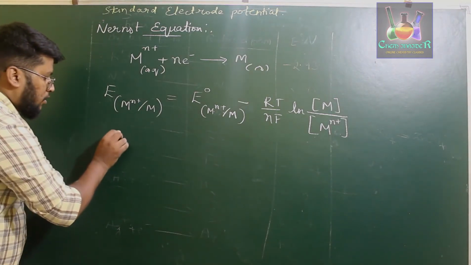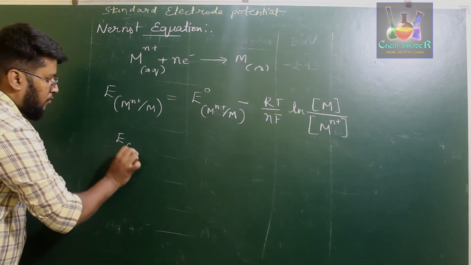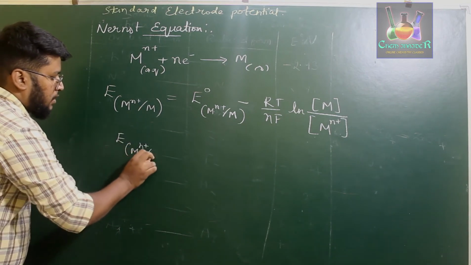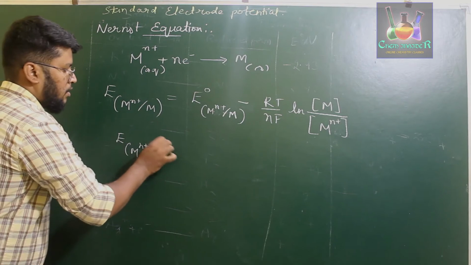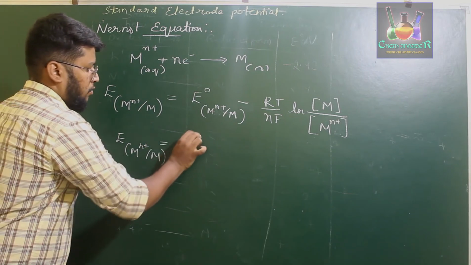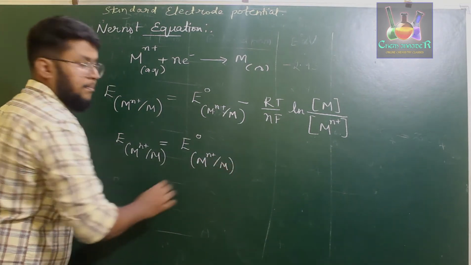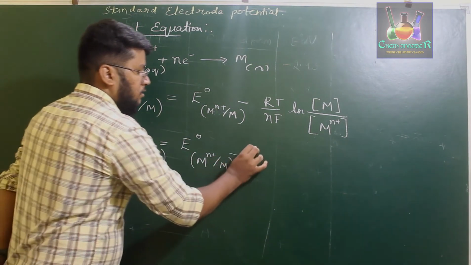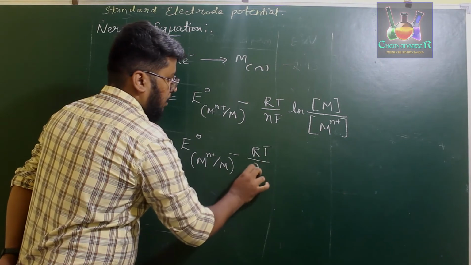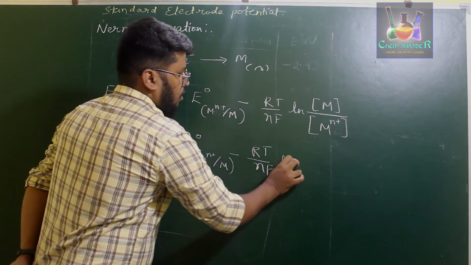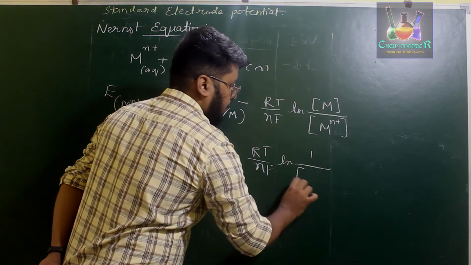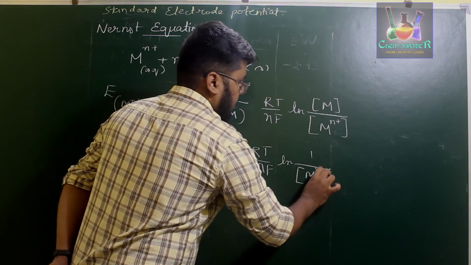Therefore, this equation can also be written as E of Mn plus bar M is equal to the standard electrode potential of Mn plus bar M minus RT by nF ln 1 divided by Mn plus.